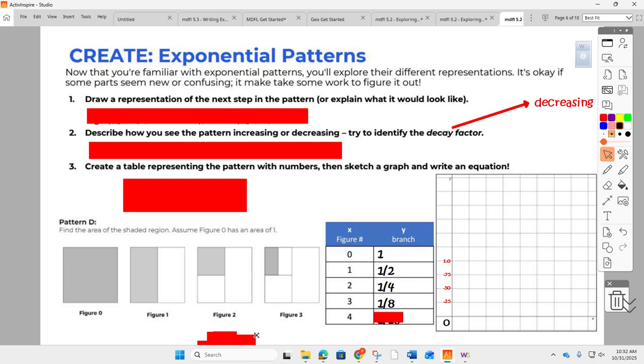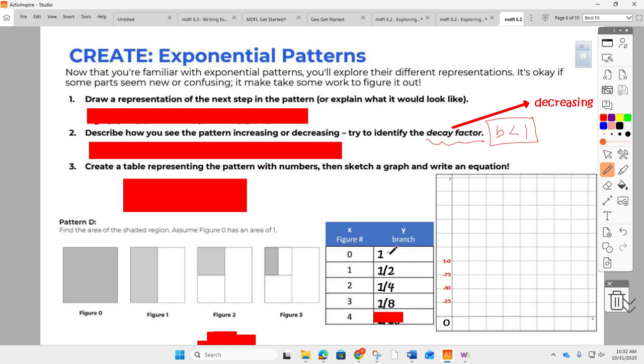So what is the pattern? It starts at 1, now it's at 1/2. Then it's at 1/4. So they're getting smaller now. This is an example of an exponential function with a decay factor, so that b is less than 1. So how do we get from 1 to 1/2?